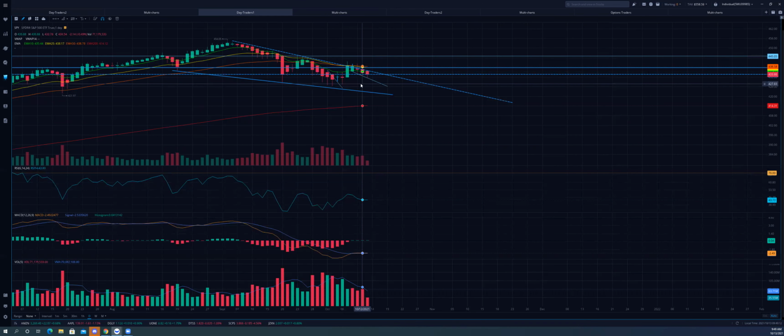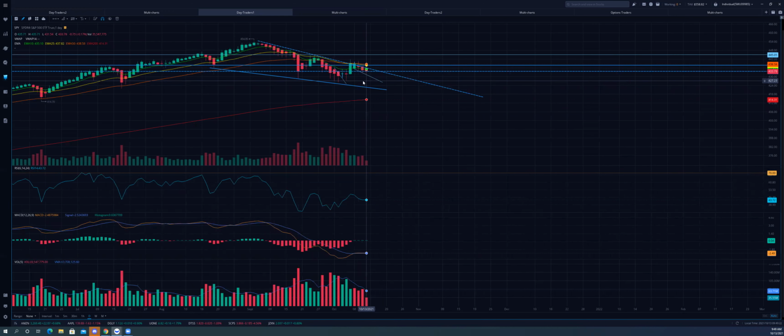Now we see there's some support right here at 427. I could go ahead and draw a line somewhere around 427, but I'll leave that one for now. Look to your left, it lines up exactly with this dip on the 8th of July.